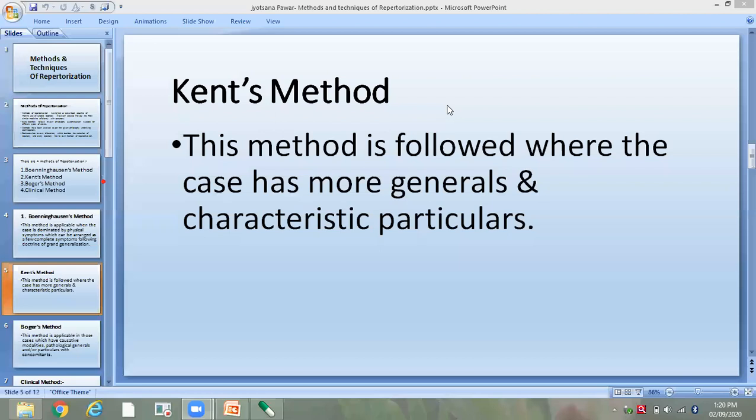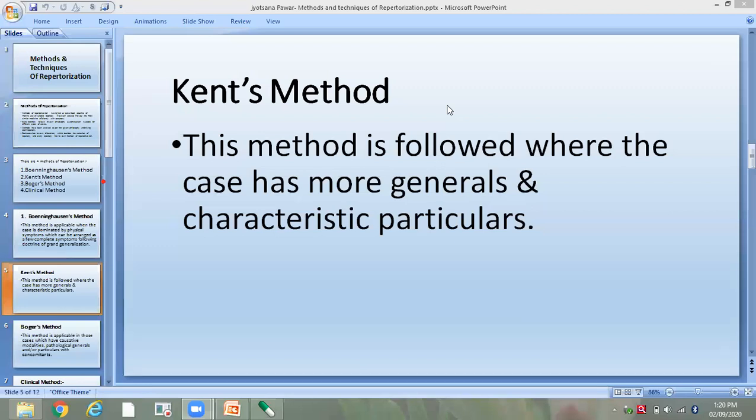Dr. Kent gave first importance to mental generals because they are near to the vital force. Then he gave importance to physical generals, because when there is a disturbance at the vital level, it is reflected first at the physical general level, and then outwardly on any part or organ in the form of particular symptoms.